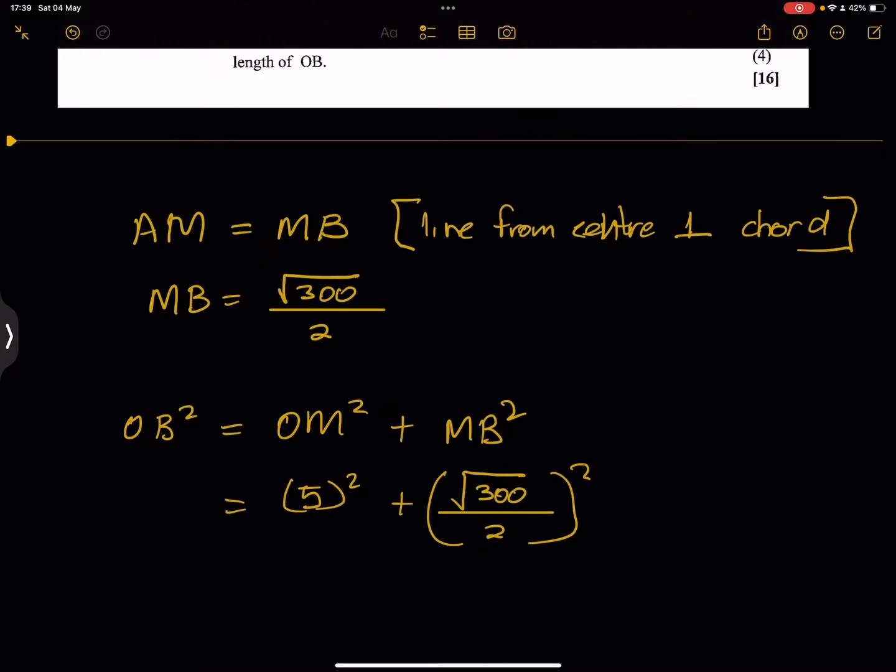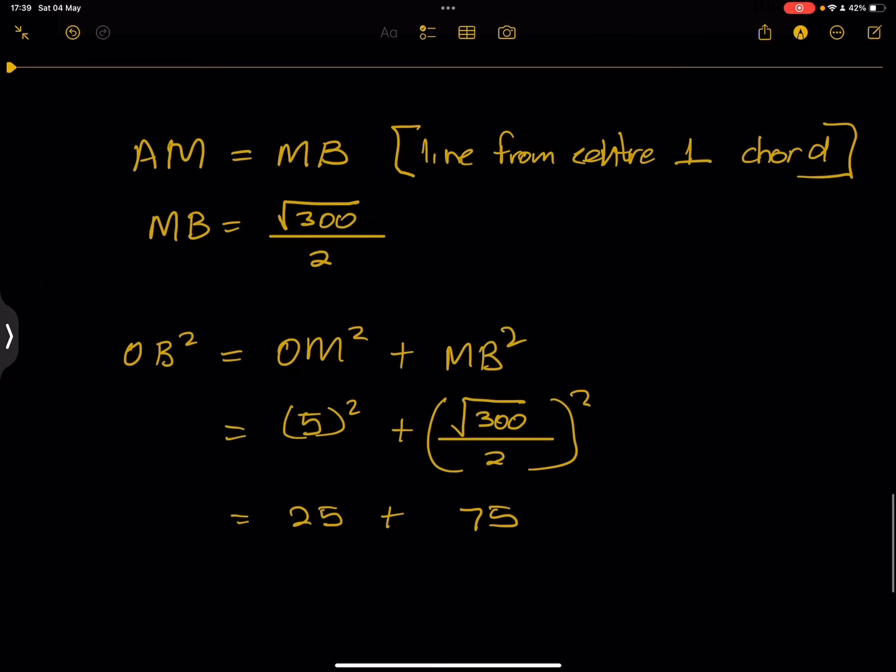So this is going to be 25 plus 300 over 4. 300 over 4 gives us 75, so plus 75.